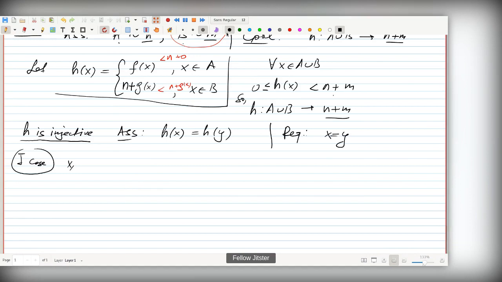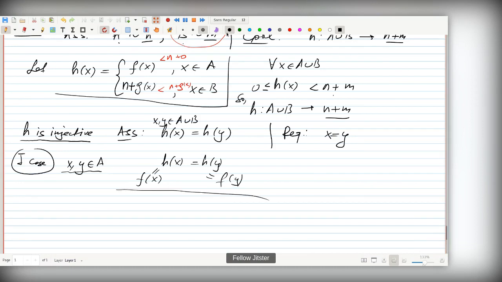The first case is when both x and y belong to A. After all, x and y belong to A union B. Then h of x is just f of x, while h of y is just f of y. So we may use the fact that f is injective and obtain x being equal to y.